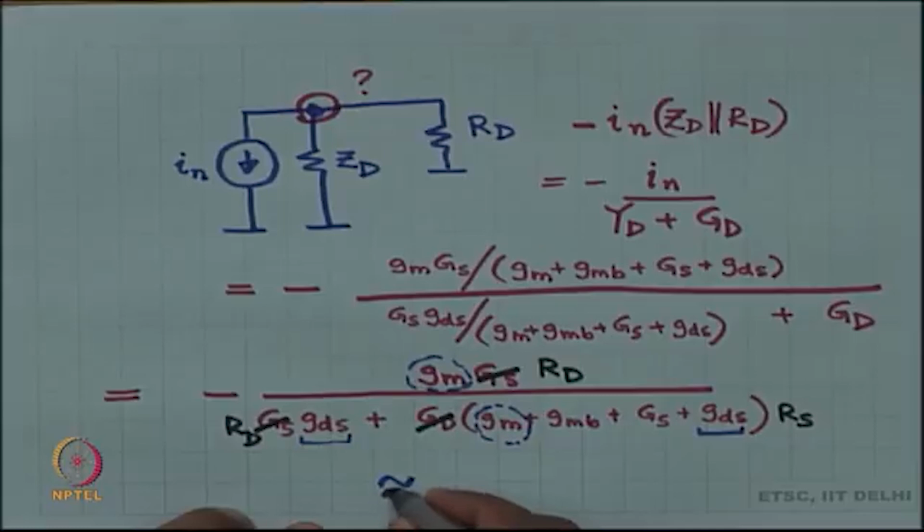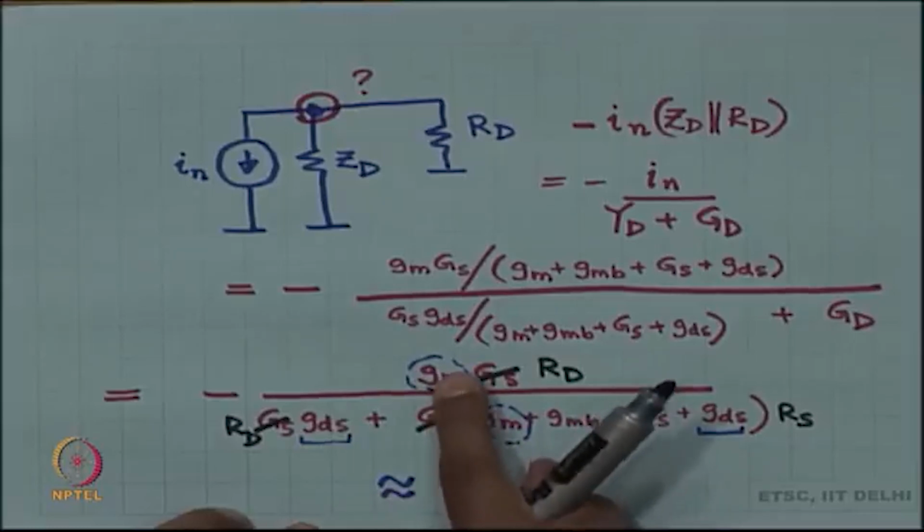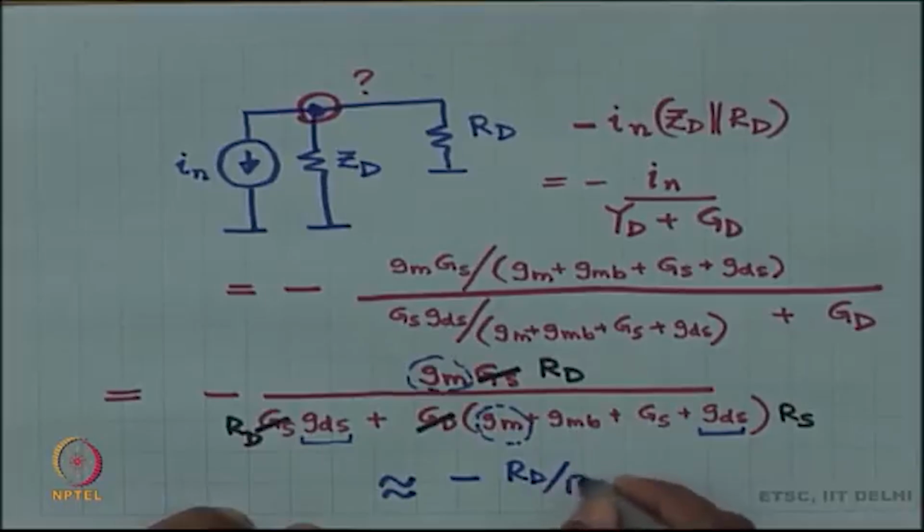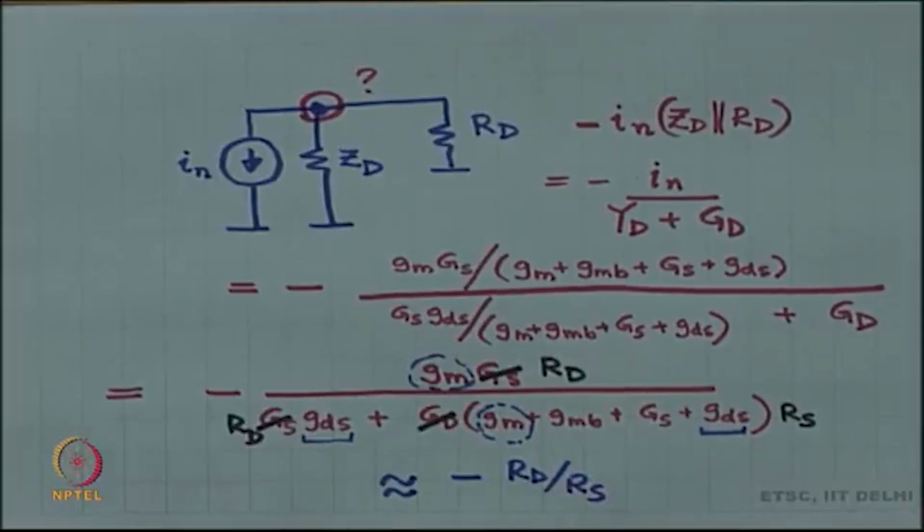This is approximately equal to G m times R d divided by G m times R s and that is a very nice result. Okay. The gain of the amplifier is just minus R d by R s. Actually, it is lower than that, but that is kind of an approximation to what the gain of the amplifier is going to be.